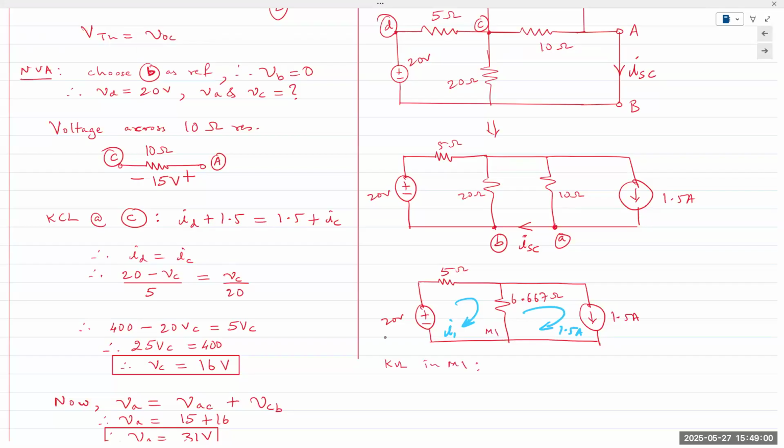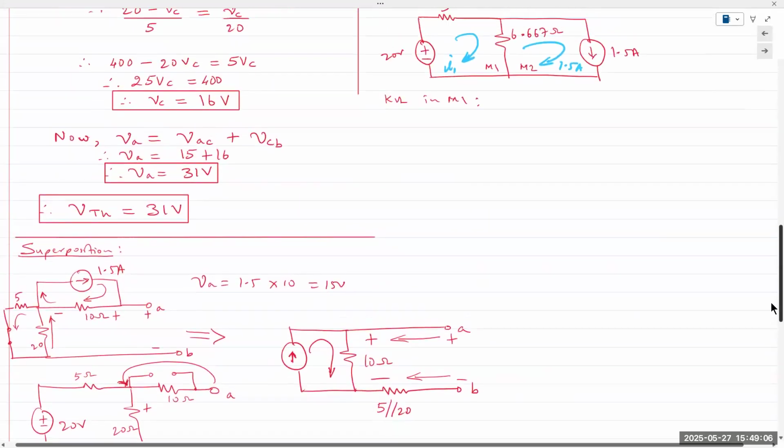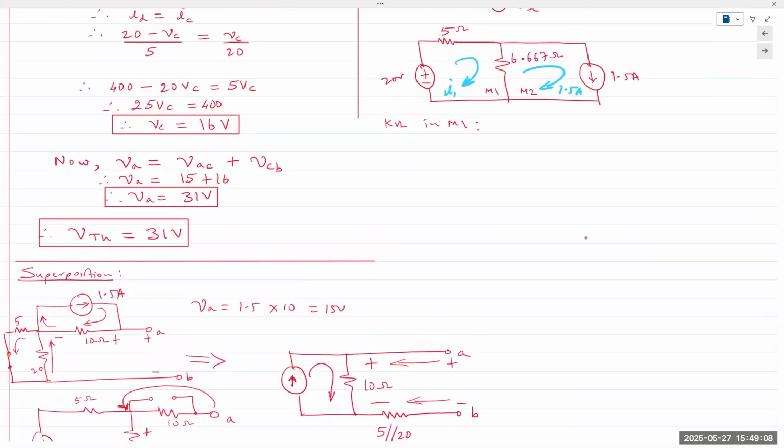Oh, I should have marked this is mesh 1. This is mesh 2. KVL in mesh 1 gives me minus 20 plus 5 times I1 plus 6.667 I1 minus 1.5 equal to 0.